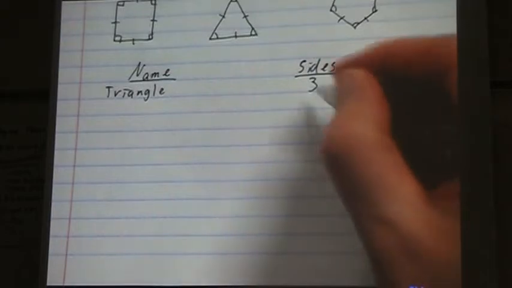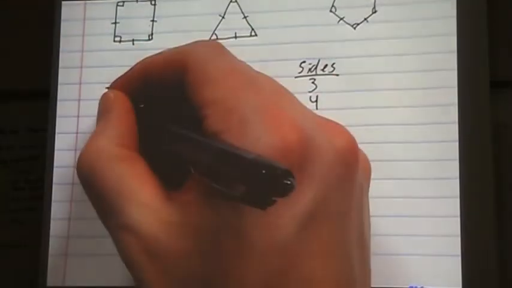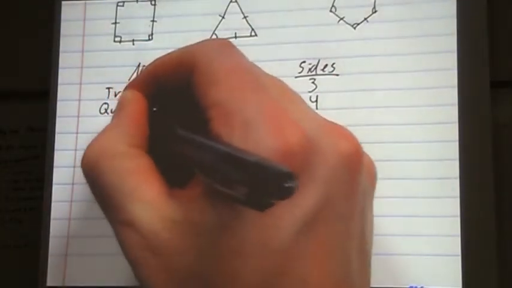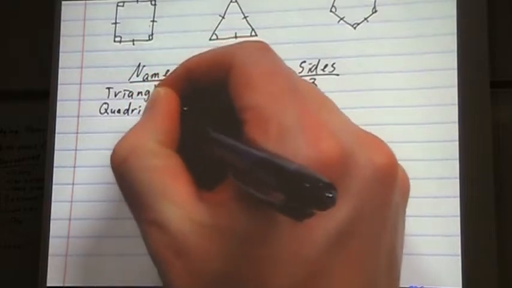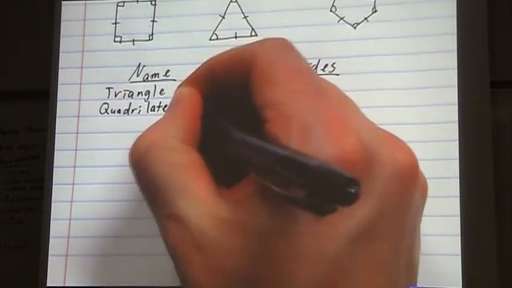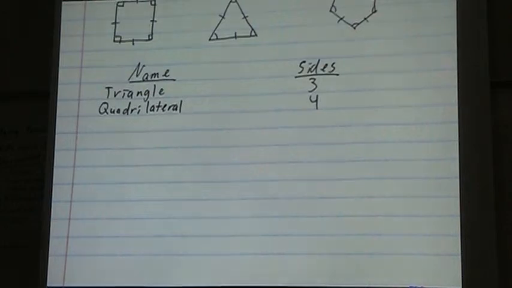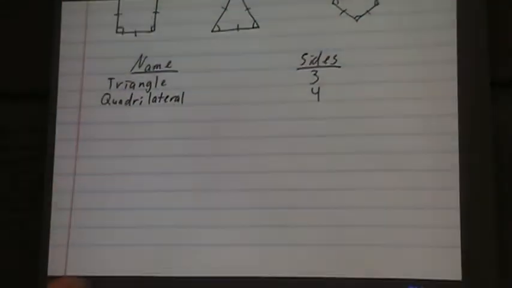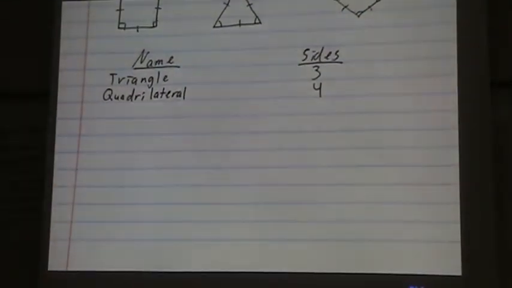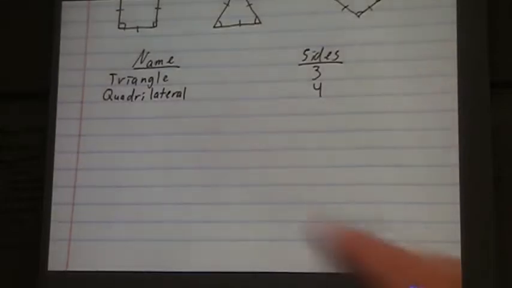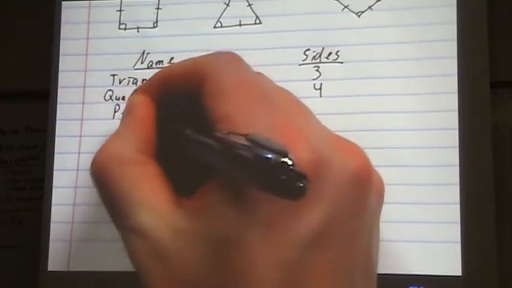After a triangle, we have a 4-sider. We're going to call that a quadrilateral. Quad means 4, like those dirt bike type things, quads, a four-wheel vehicle. Pentagon, that's our 5-sided.